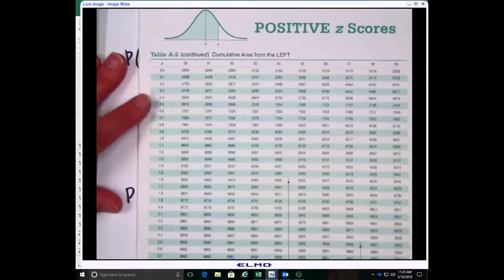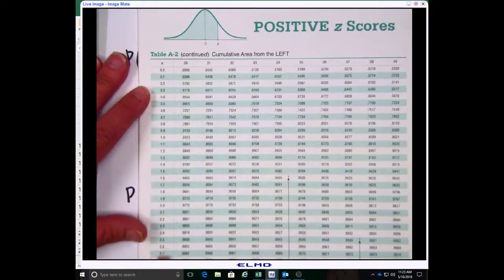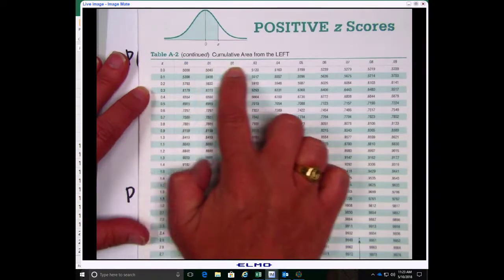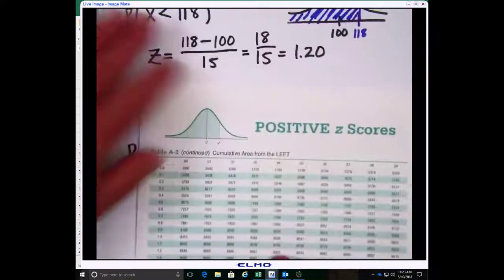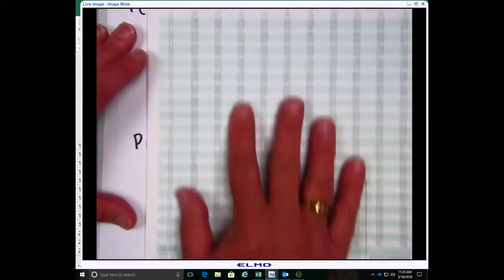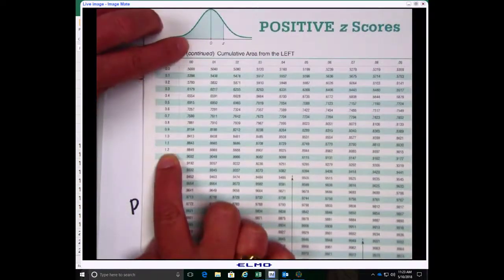How do we use this table? Our z-values, the whole number part and the first decimal, are located here in our first column. Our second decimal is located across the top. So I have 1.2, whole number and first decimal, so I'm going to look for 1.2, and then 0 for my second decimal.